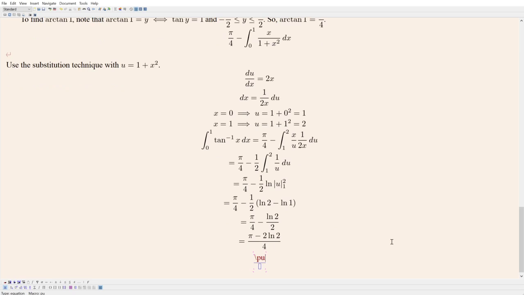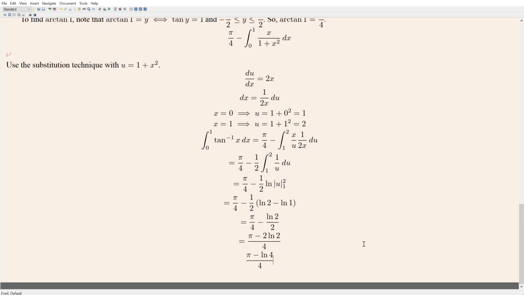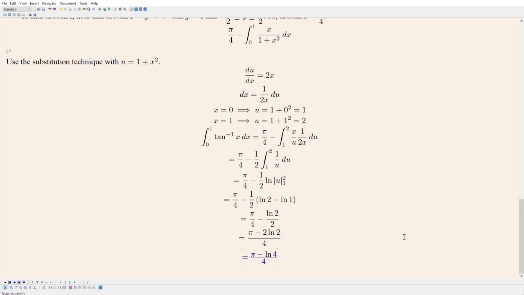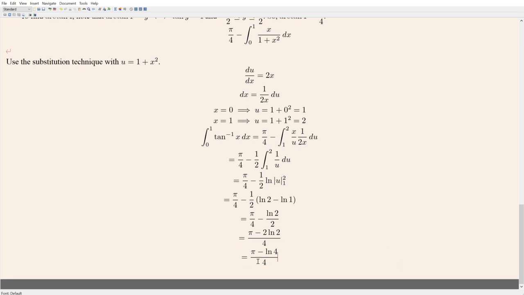So maybe in the multiple choice you'll see this. Don't be confused, just know that there's some algebraic stuff that you can do to get it into that form. But ultimately it doesn't matter. You could always just plug stuff into your calculator and compare the decimal answers that you get.